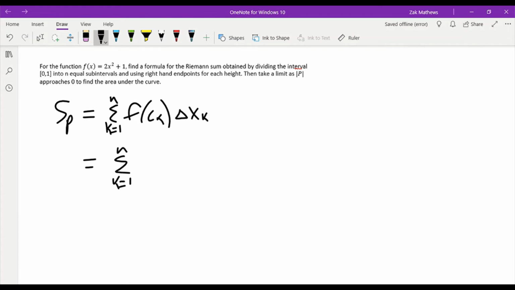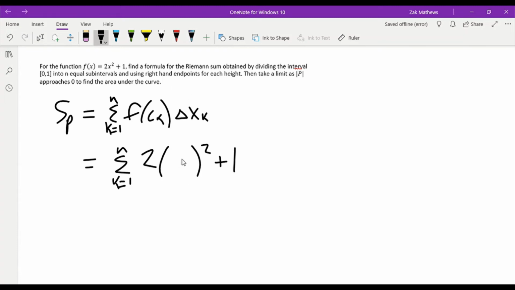Well, the height is this equation right here evaluated at the point c sub k. Because my starting point is 0, each time our delta x goes up by a little bit, that's going to give us that next height. So we're going to use the equation 2x squared plus 1, and then we're going to replace our x there with something in just a second. So what is that height?